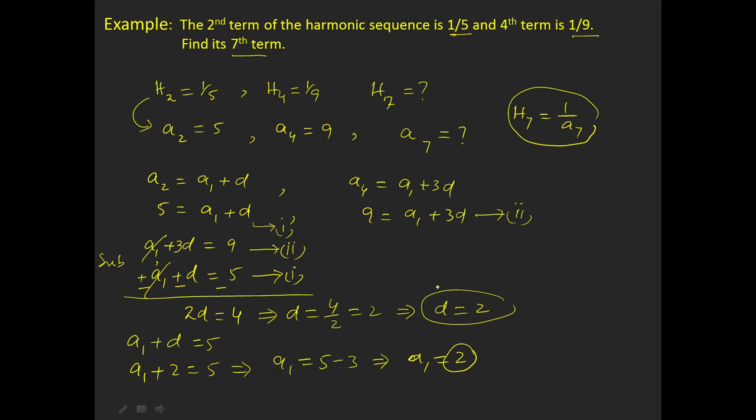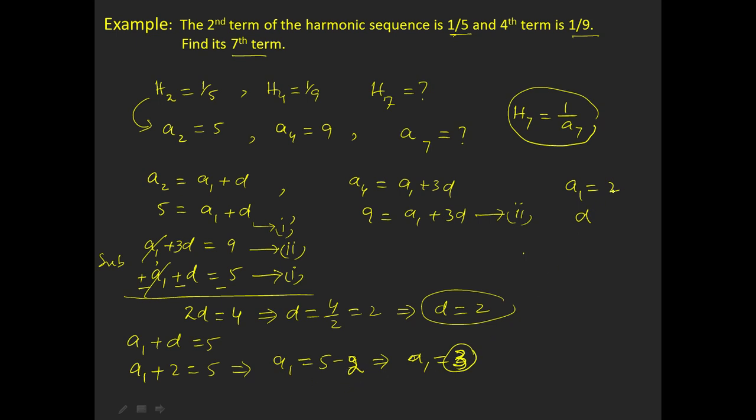Now, as I have already told you, we will find first a7. So we have got a1 is equal to 2 and d is equal to 2, sorry, a1 is 3, the value of d is 2.